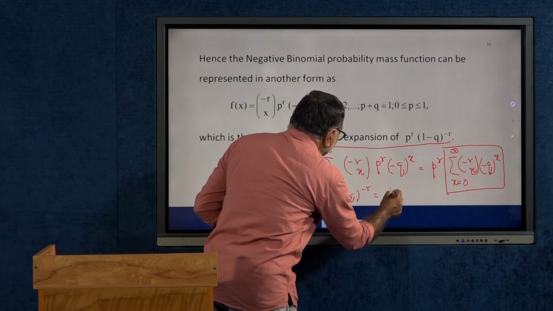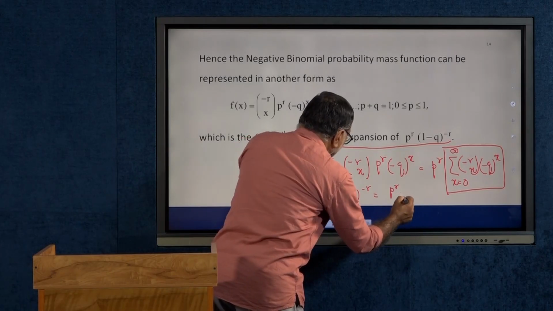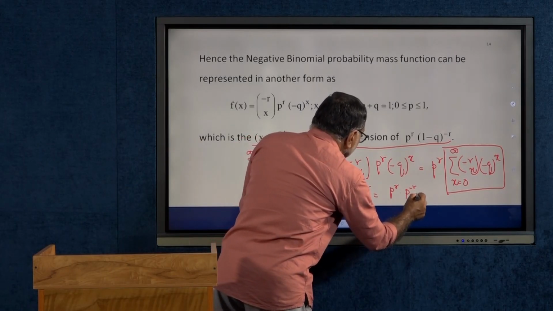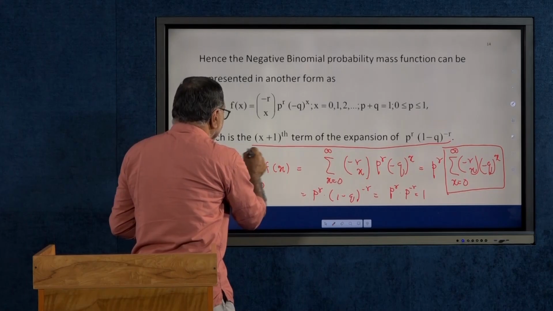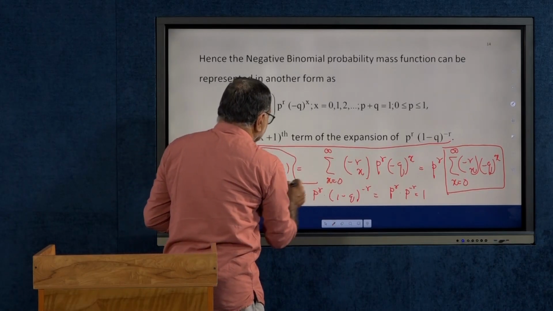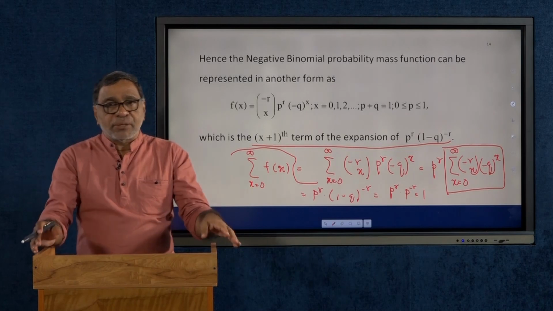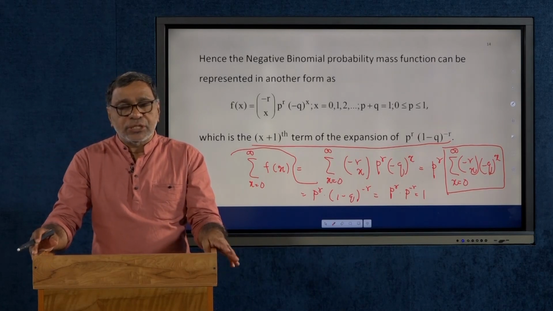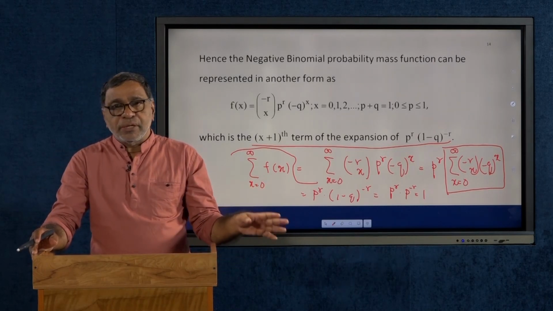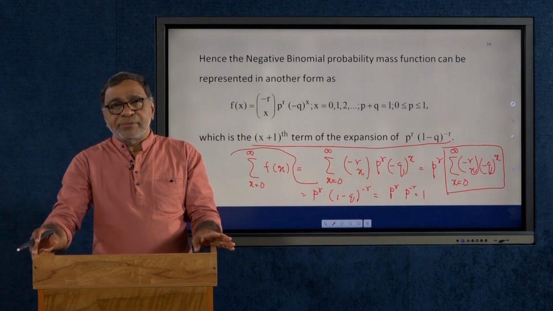So that is p power r into 1 minus q power minus r, which is 1. So we have established that the summation of the probability mass function is equal to 1, obtained by arguing like this.